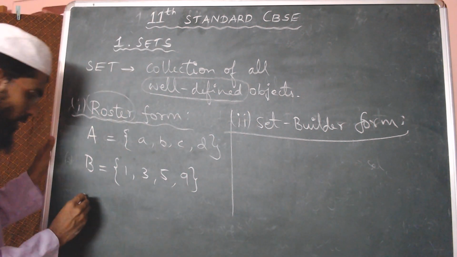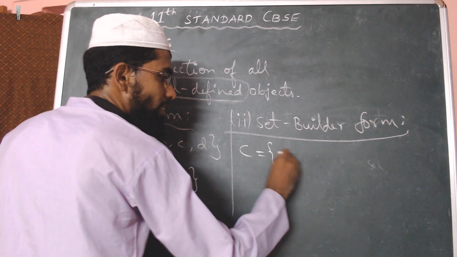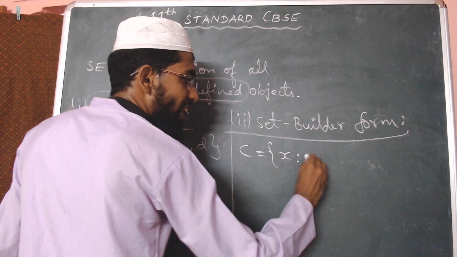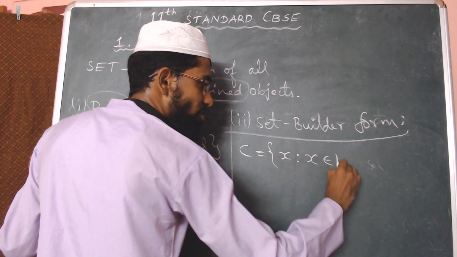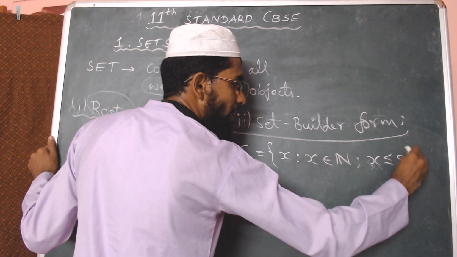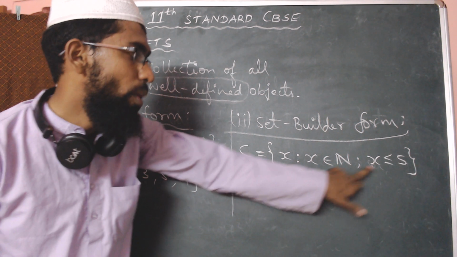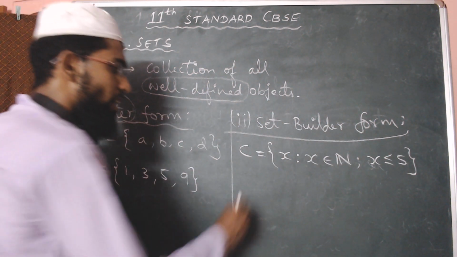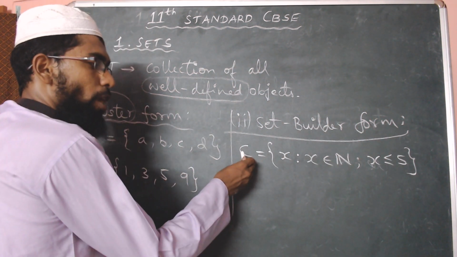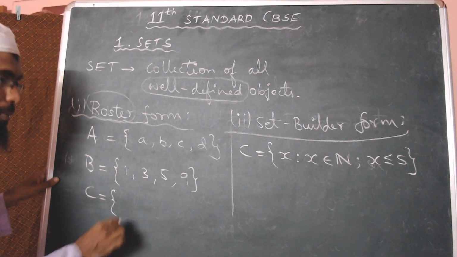For example, A equals the set of all x such that x belongs to natural numbers and x is less than or equal to 5. Right? Now this is represented in what form? Set builder form. Now how will I write that set in roster form?